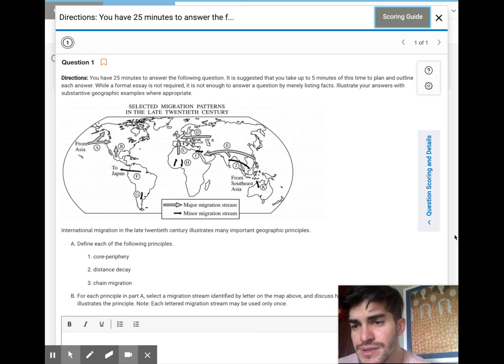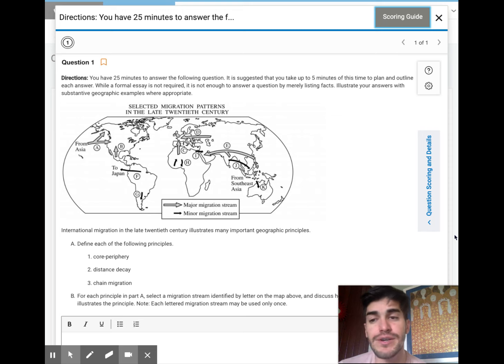The stream shown, indicated by letter B, which has migrants moving from Mexico or Central America to the Southwest United States, would be an example of distance decay. This is illustrated by the size of the arrow, and the key shows that the larger arrows are major migration streams. So that is a major migration stream, and distance decay applies here because these migrants are moving from a relatively close location and often settling in the southwest of the United States.